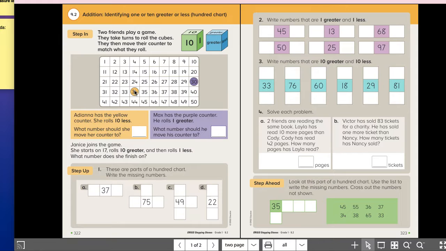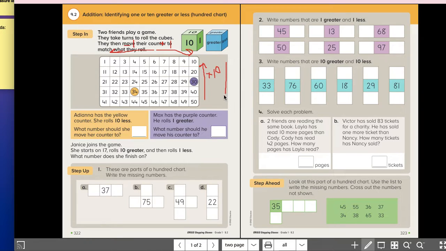So there's two ways to do this. And if you remember, going left and right, if you go this way or this way, you're adding 1 or subtracting 1.